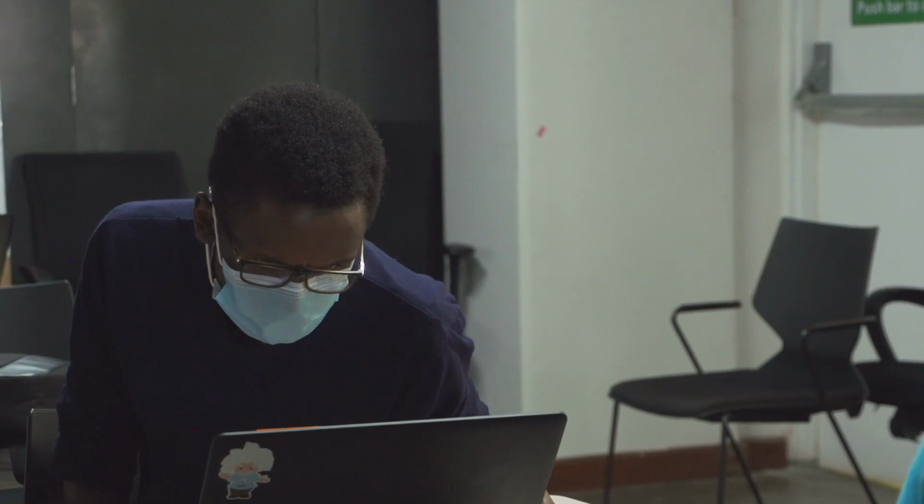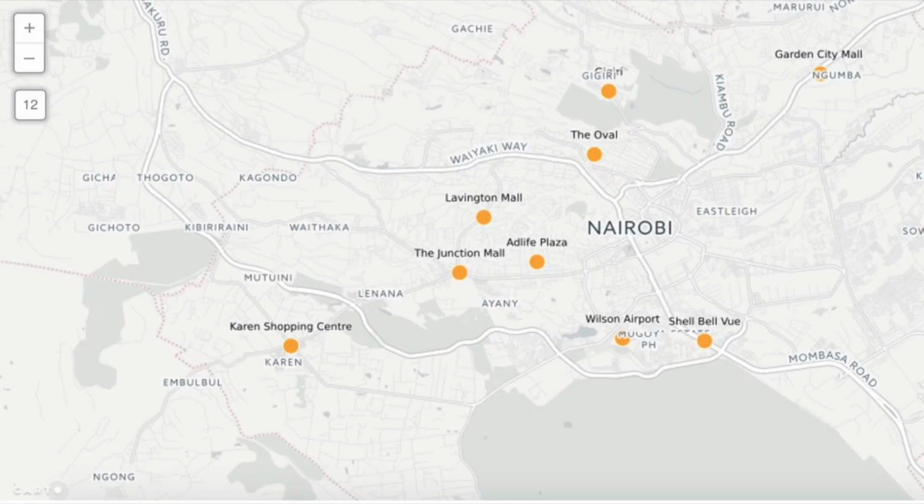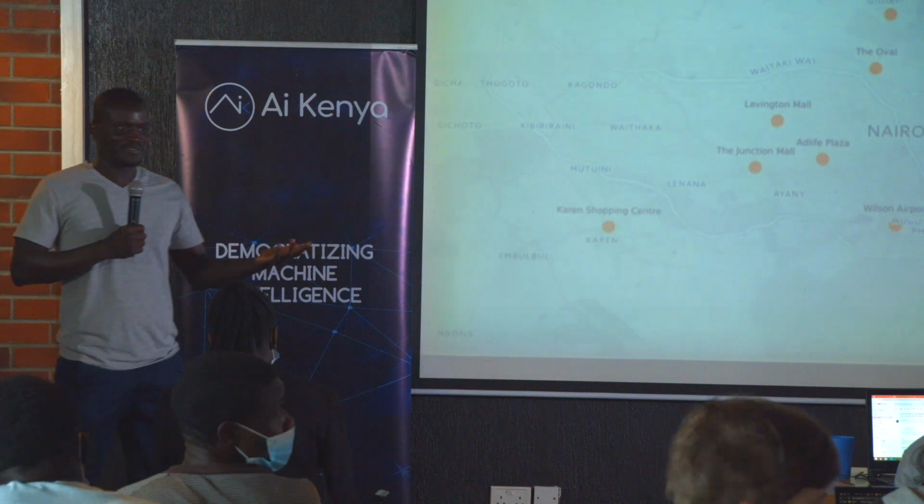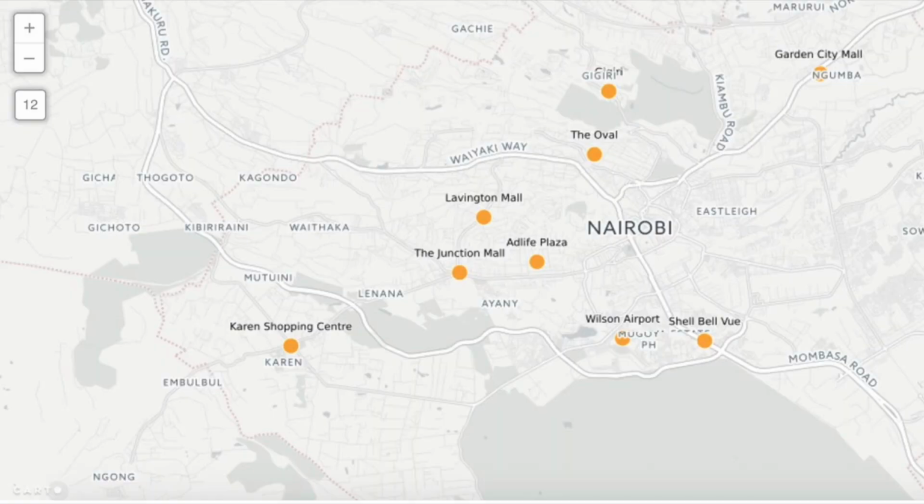And you decide, okay, I want to map all locations where Big Square are. I know currently they've added more stores, but they have one in Karen, one in Junction, one in Lavington, Oval, etc. Given that you can only eat at Big Square, what is the logical thinking after having this map?